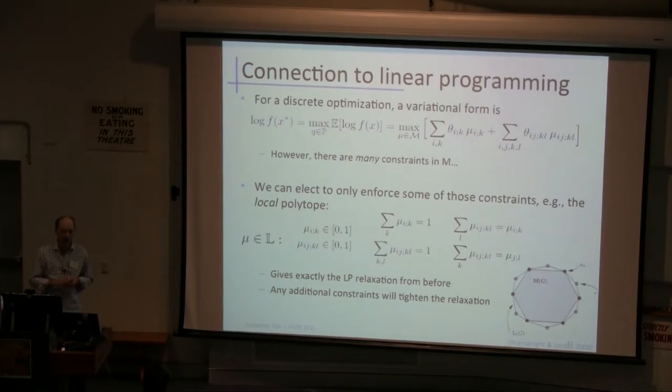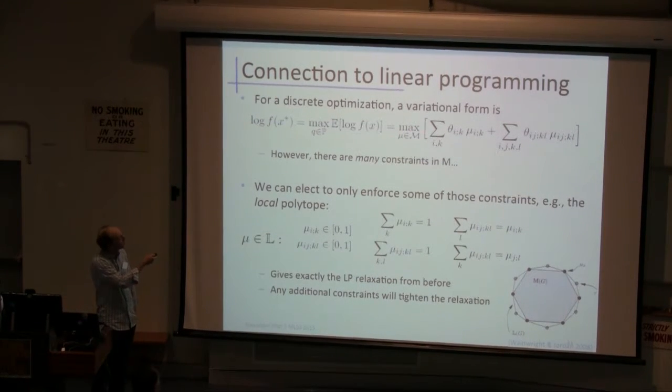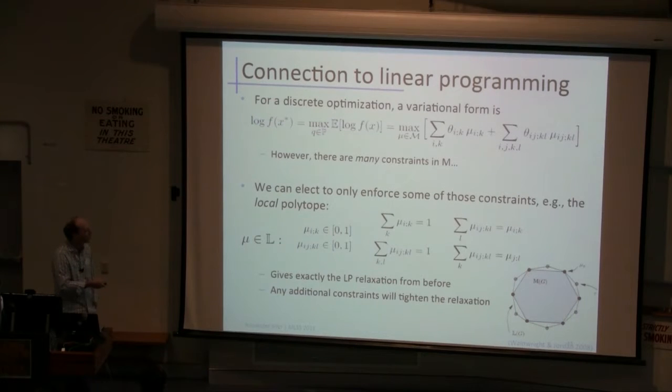It's difficult to add back in something like an integrality constraint. But here, these are actually just linear constraints. It's just that there are quite a lot of them. So now we can actually tighten this linear programming relaxation just by starting to add back in constraints over this marginal polytope.